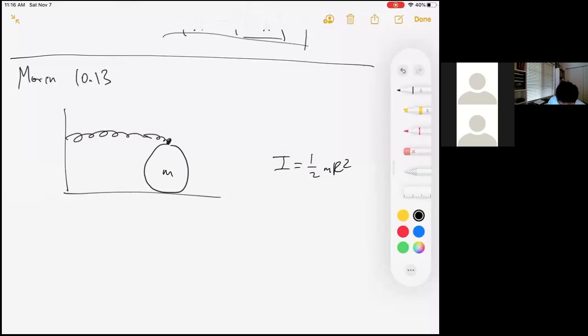The spring is currently at its relaxed length. So now the question is, if this object rolls without slipping on the ground, what is the frequency of oscillation? I'll give maybe a minute for everybody to try this question, and then we'll go over the solution.